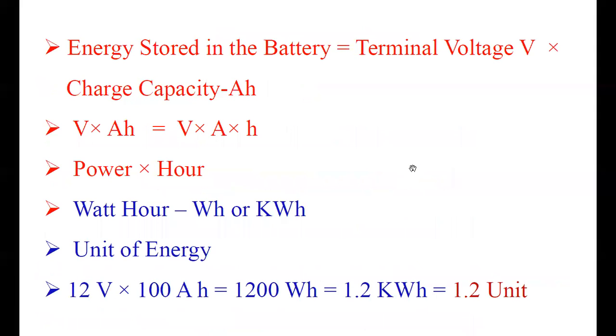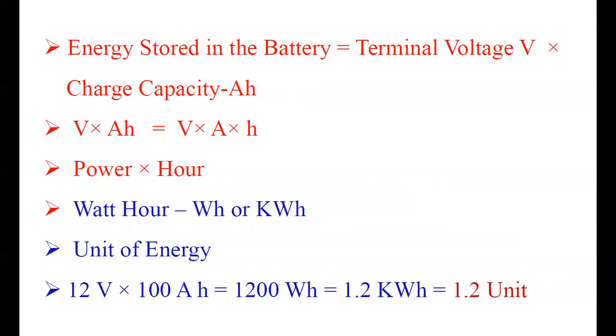How can you calculate the energy stored in the battery? We already discussed that two important parameters are the terminal voltage V and the ampere hour capacity or charge capacity Ah. If you multiply the terminal voltage by the ampere hour capacity, V into A into H, then V into A, or voltage into current, is the power, and power into hour gives the watt hour or kWh, which is the energy stored in the battery.